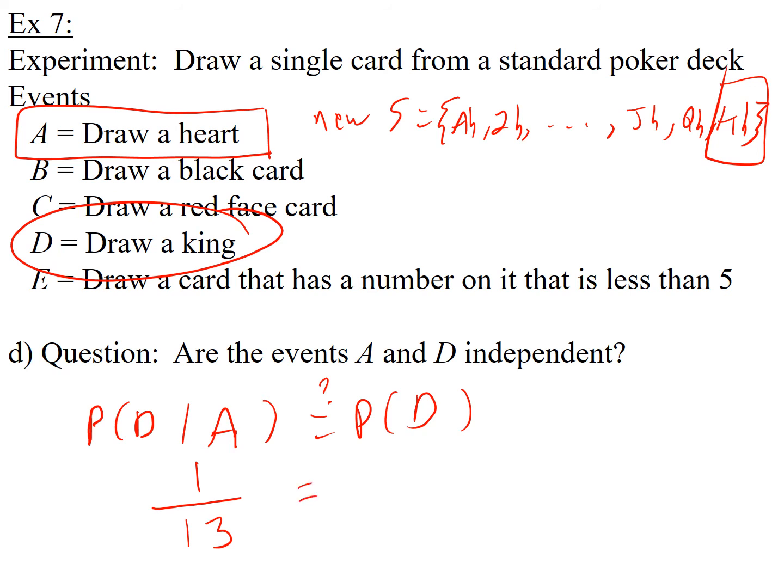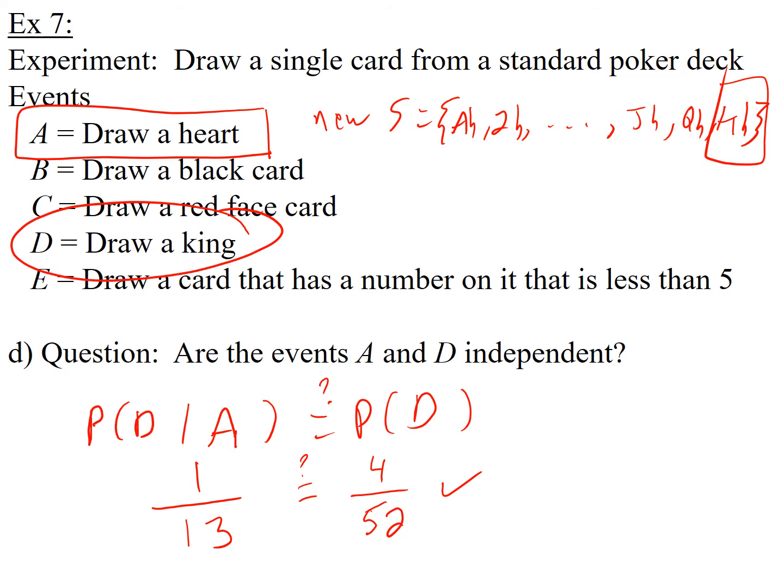Okay, and then the right side, probability of D, what's the probability I draw a king? This is not a conditional probability. It's out of the entire deck. What's the probability I get a king? The bottom number is going to be 52. And how many kings do you have in the deck? 4. So 4 out of 52. Those are equal. If you don't believe me, then you put them in a calculator. Now, of course, I have to find a calculator around here.